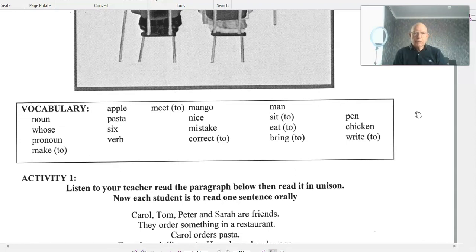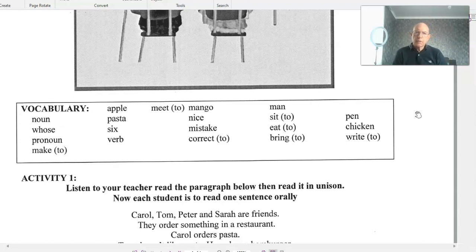Verb again, verb is the action. So we have a number of action verbs here: to sit, to eat, to write, to bring, to make. These are all verbs. To correct an error, whatever.